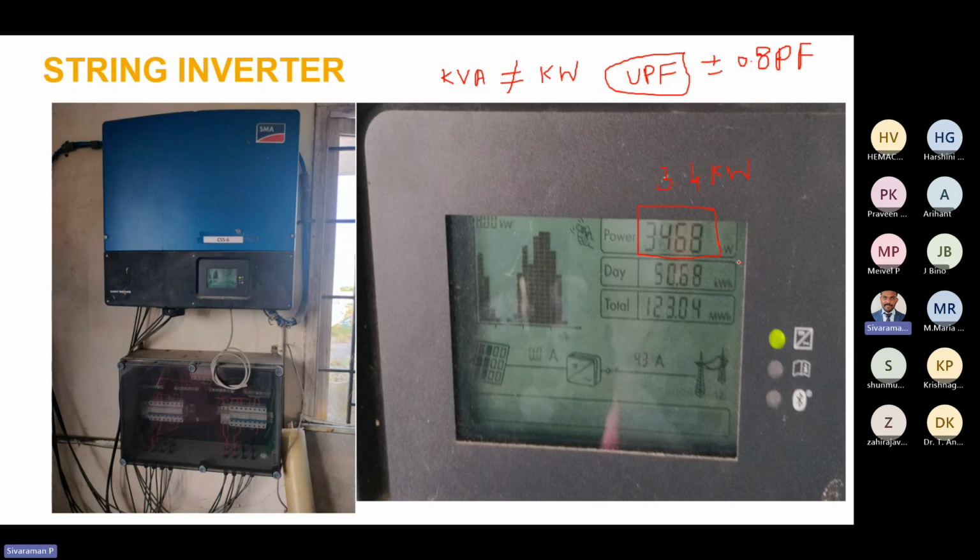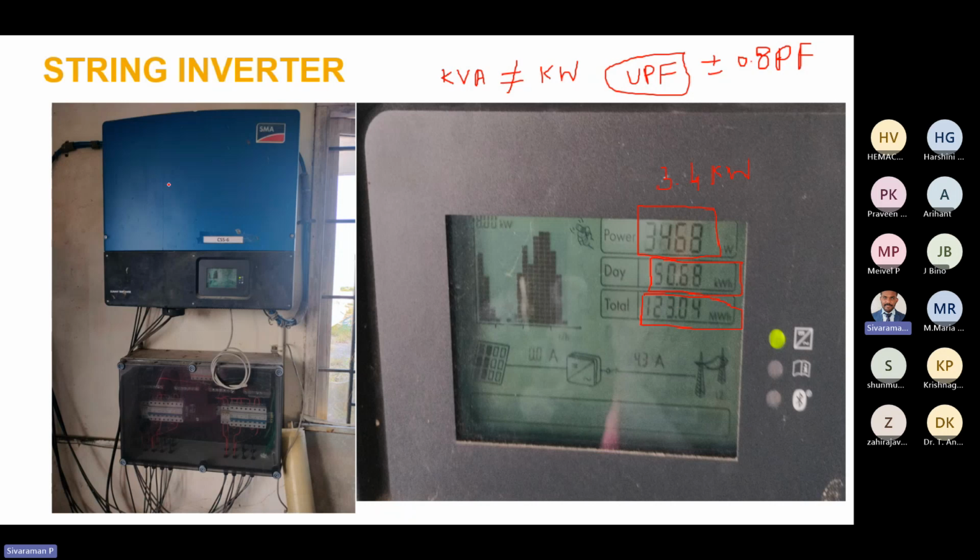On that particular day it delivered almost 50.68 kilowatt hour, equal to 50.68 units. Since installation, it has generated almost 123 megawatt hours.